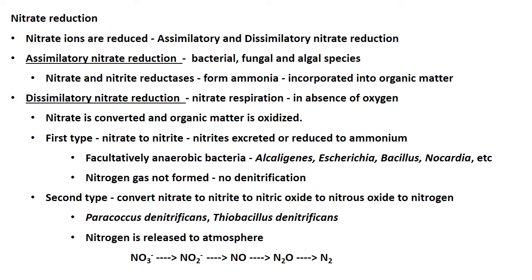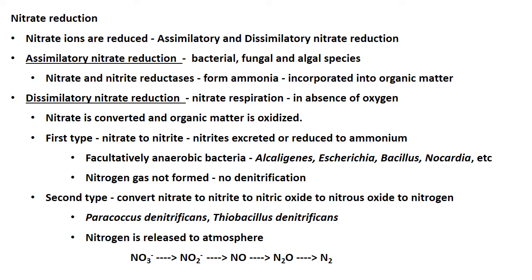During this process, the nitrogen ions are assimilated or incorporated into the organic matter in the cells. This process involves several enzyme systems including nitrate reductases, nitrite reductases, etc. And during this process, ammonia will be formed, which is incorporated into amino acids. So this is a process of assimilation of nitrate.